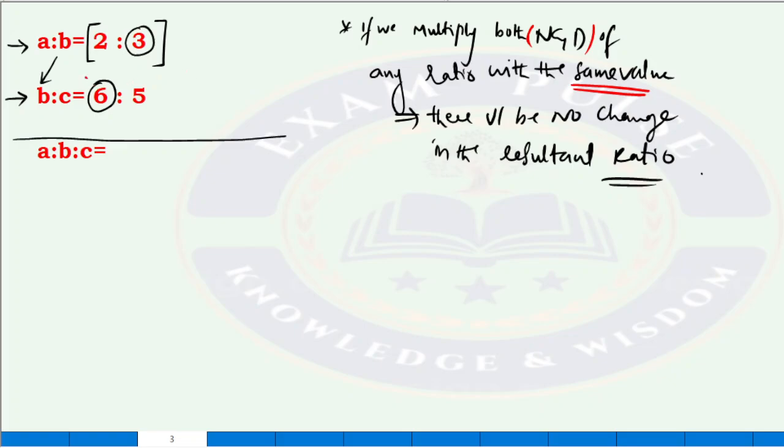So, because it is 6 and this is 3, either we can convert this 3 to 6 or we can convert this 6 to 3.